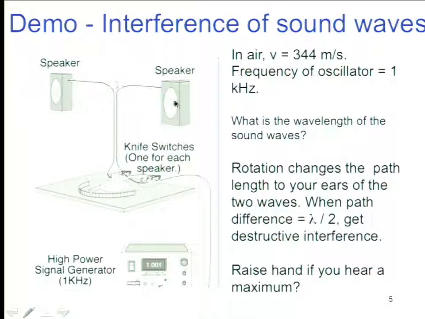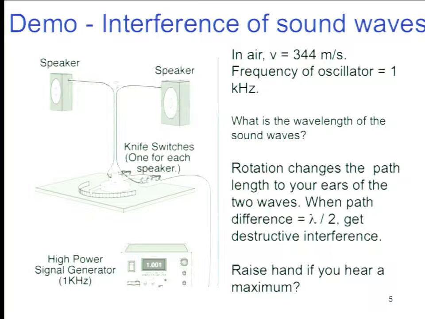Now, we were able to rotate the speakers, and you could hear that when the path difference between the two speakers to you was a certain amount, the sound got quiet. When the speakers were equally distant from you, you had two sound waves coming from the speakers to you, equal distances, and you could hear it loudly.